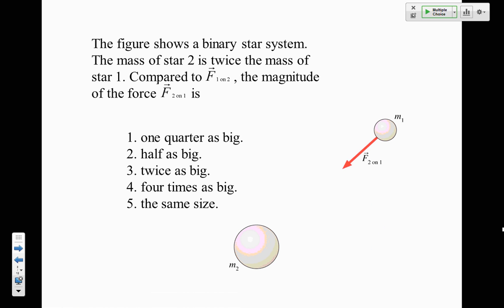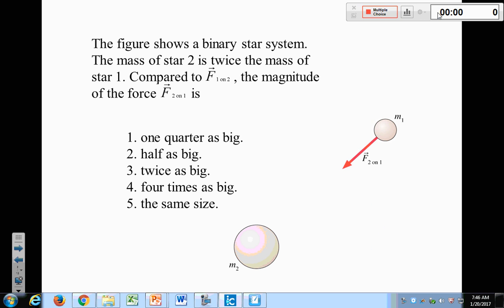Okay. This figure shows a binary star system. The mass of star 2 is twice the mass of star 1. Compared to the force F1 on 2, what is the magnitude of F2 on 1? Compared to the force here, how big is the force here?